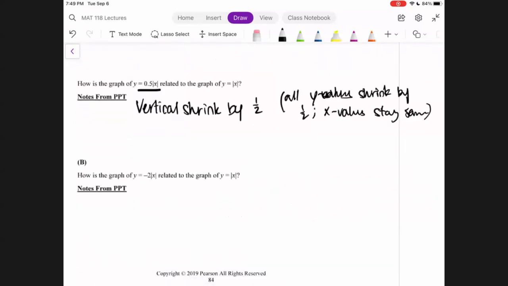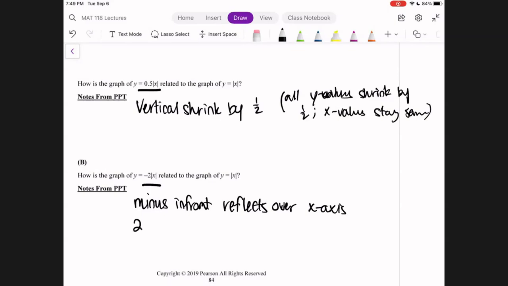And then last but not least, we have this -2 at the front, so it kind of does a lot of stuff together. So you want to think the minus reflects it. So the minus in front reflects over the x-axis, and then because there's a 2, stretches the graph.